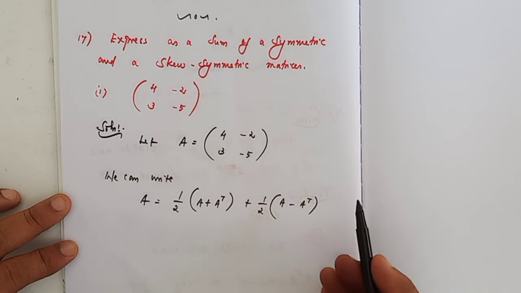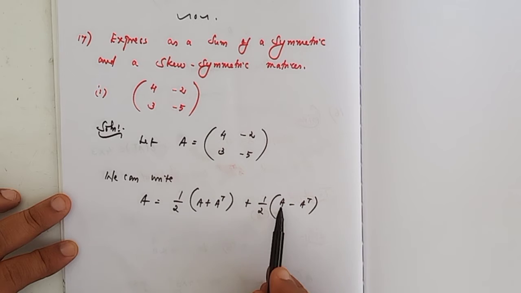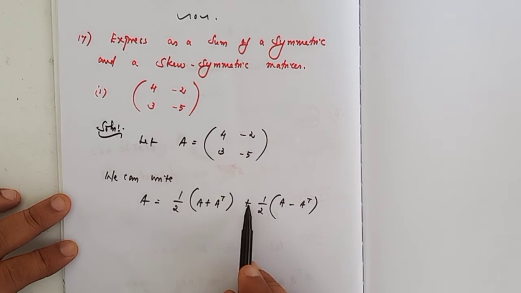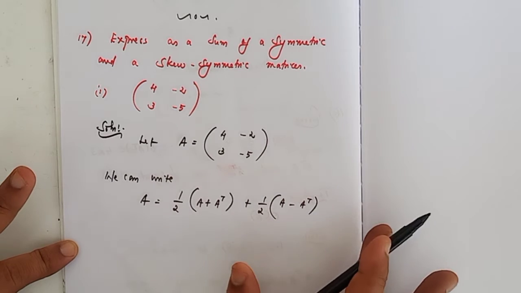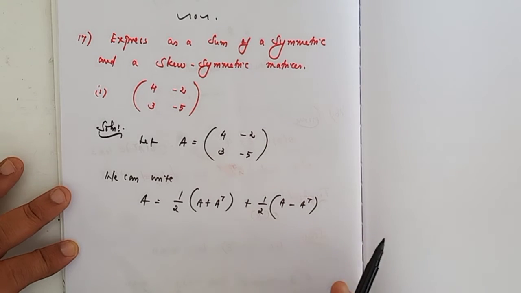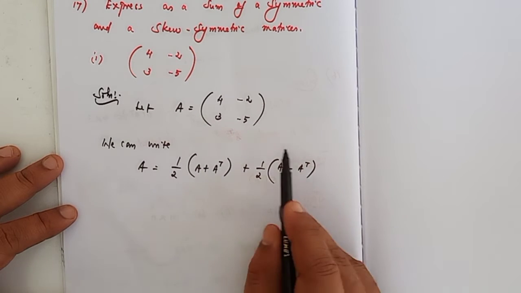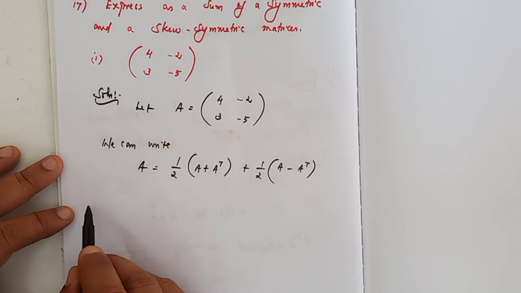Or else half A plus half A that is equal to 1A, half A transpose minus half A transpose cancelled, right? Now I consider this one as P matrix, this one as Q matrix.